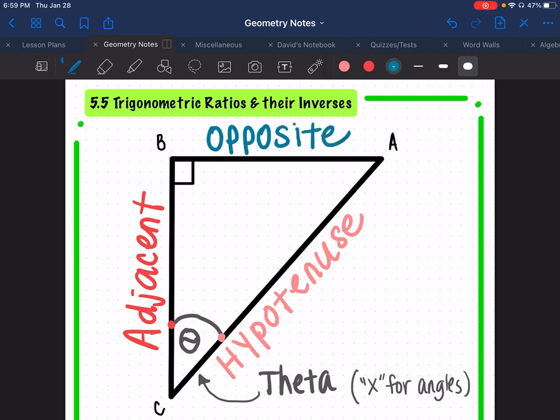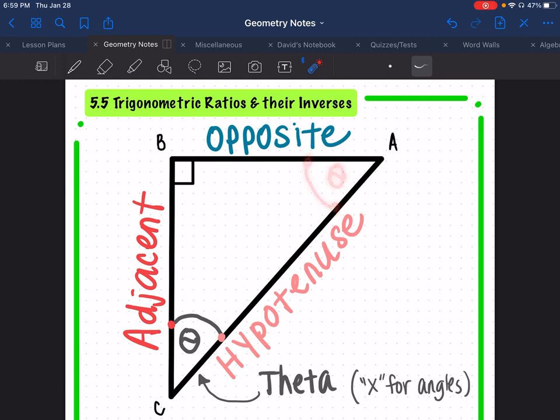Okay? Now, theta can move. Theta is not always going to be down there at angle C. Theta could move over here to angle A. If theta moves to angle A and I do my arc mark, I'm still touching the hypotenuse here. That's not changing. But notice now I'm touching the opposite angle. That cannot happen.